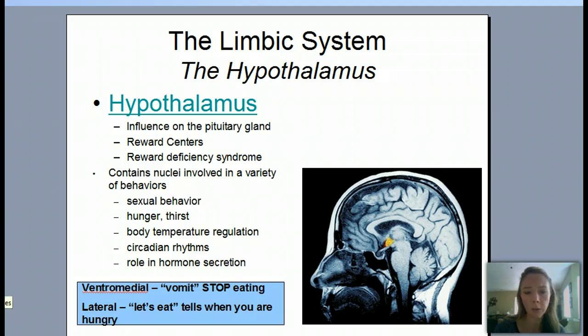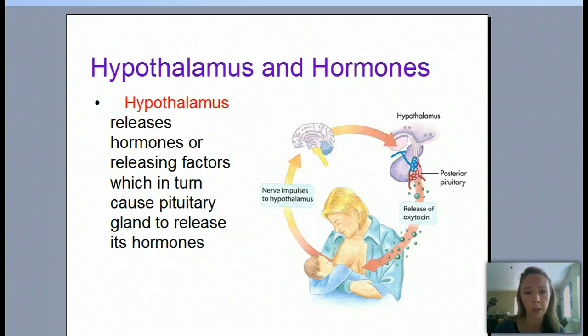And then the last part, just to reiterate, remember the hypothalamus is in charge of releasing the hormones. And in the endocrine system, remember we talked about that's our slow way of communicating. The pituitary gland's in charge of releasing all those hormones. But this is just one more type of feedback. So this is a mother who is breastfeeding.